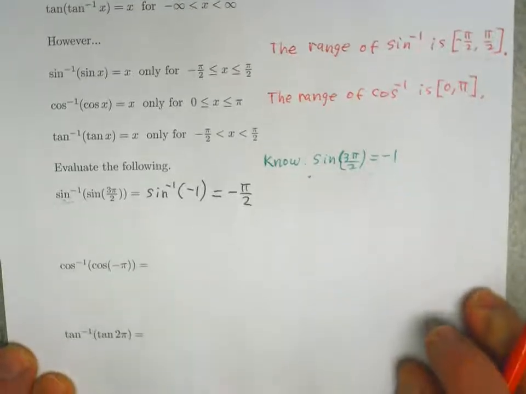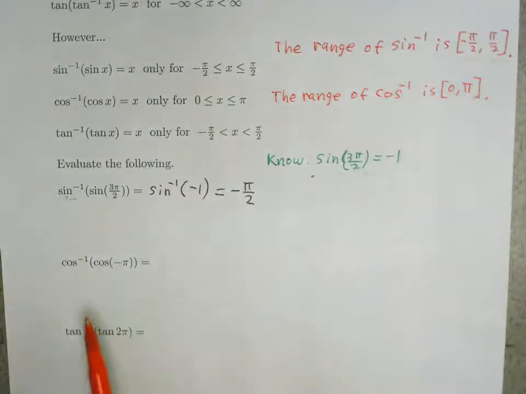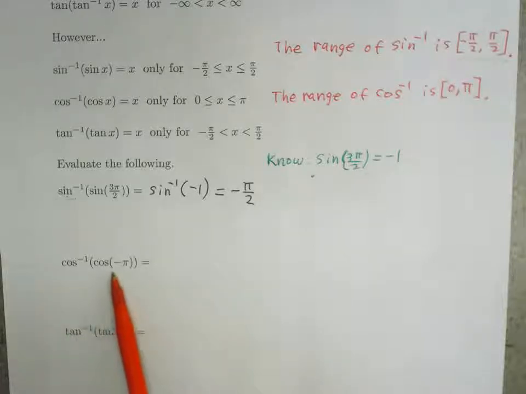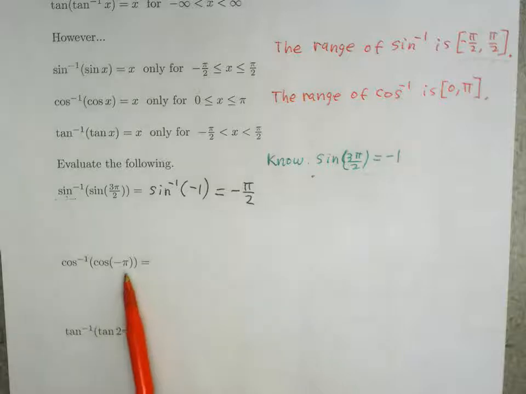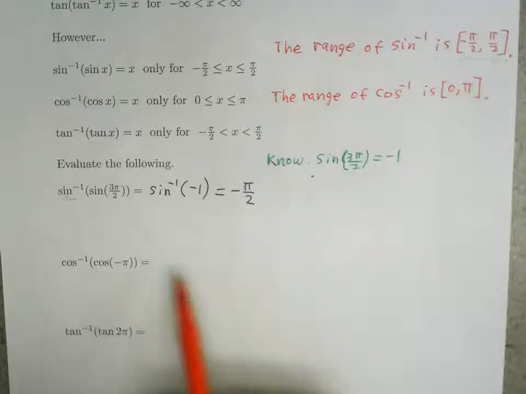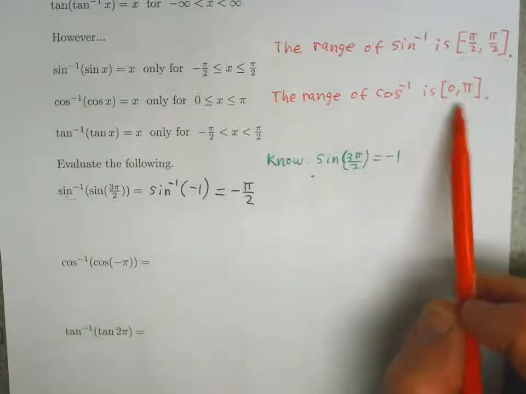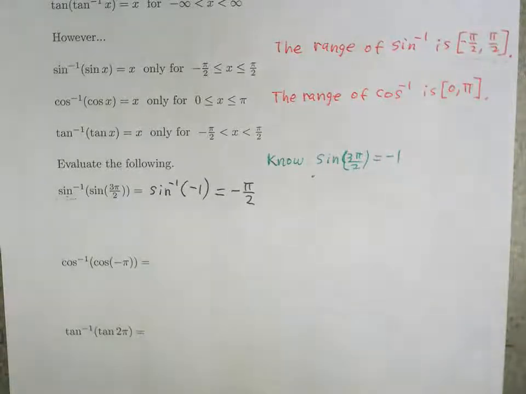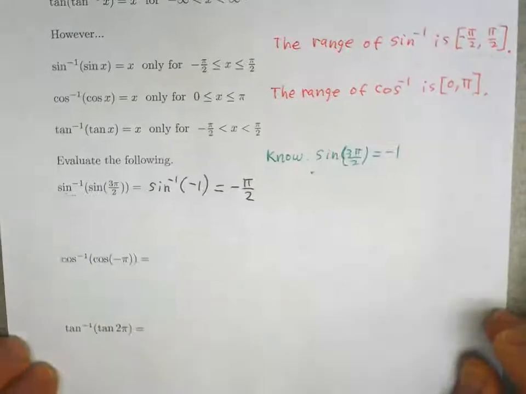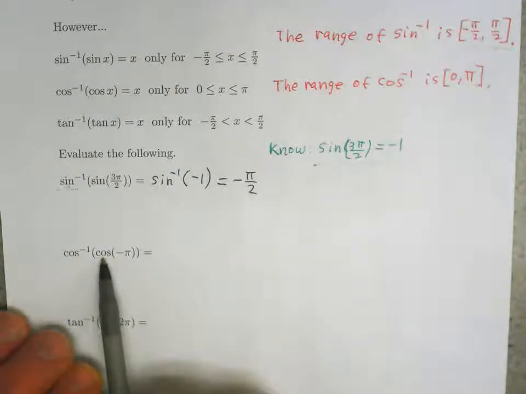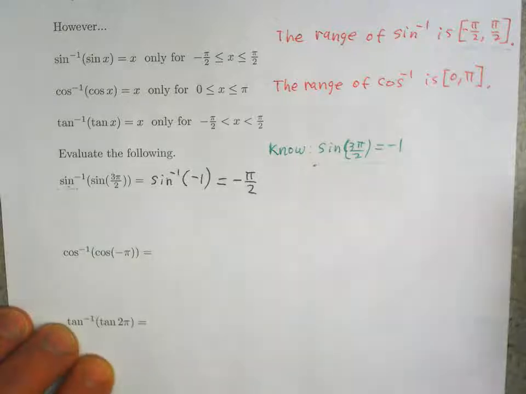Okay, so in this next example, evaluate the inverse cosine of cosine of -pi. Well, this can't be equal to negative pi because negative pi is not in the range of inverse cosine. So what do we do? Well, we know how to evaluate cosine of negative pi.